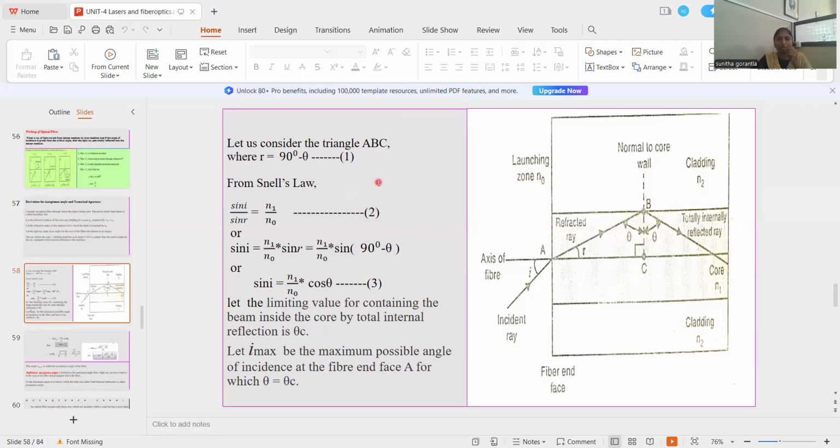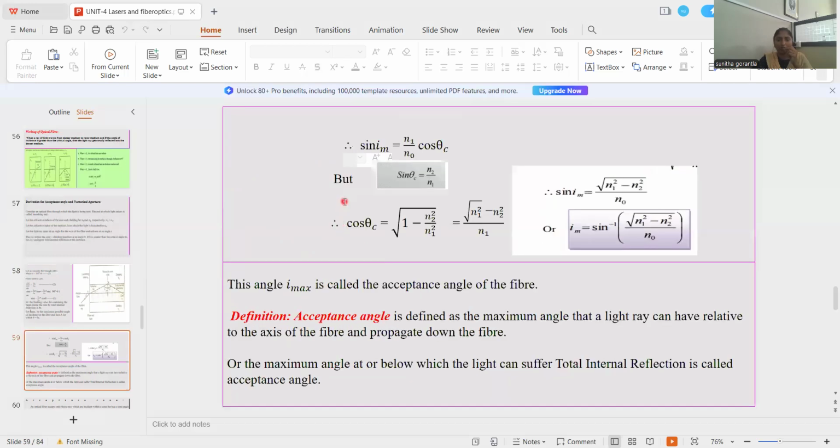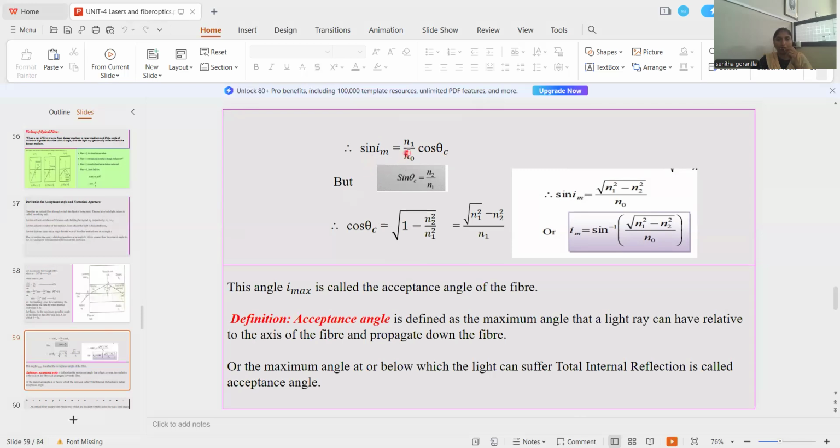Now substitute these values in equation 3. We get sin Im is equal to N1 by N naught cos theta c.